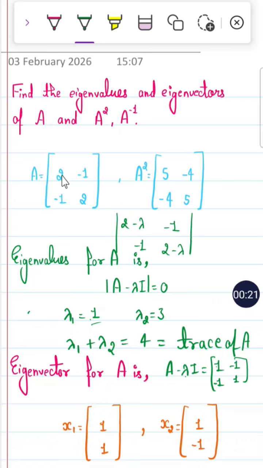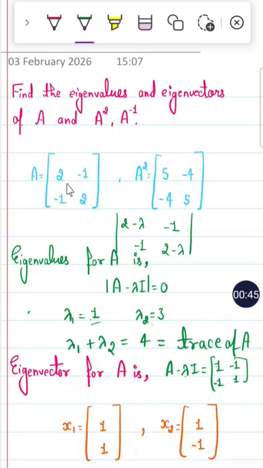What is the trace of this matrix? The trace of this matrix is 4. When we find the eigenvalues, we first take the determinant of A minus lambda I equals 0. Then it becomes 2 minus lambda, minus 1, and so on. Taking the determinant gives lambda 1 equals 1 and lambda 2 equals 3.